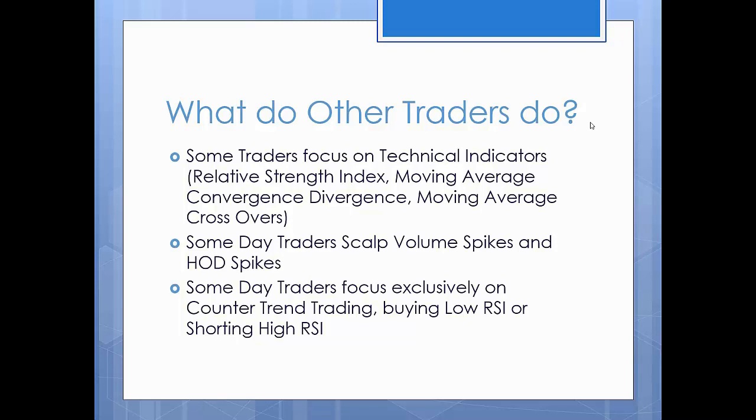So some traders are going to focus very heavily on technical indicators. Okay, and you can do a little research on these if you're not familiar with them, but you've got the relative strength index, moving average convergence divergence, it's called the MACD, and just simple moving average crossovers. So there's some traders that are going to rely very much on a numerical, technical indicator to tell them when to buy or sell.